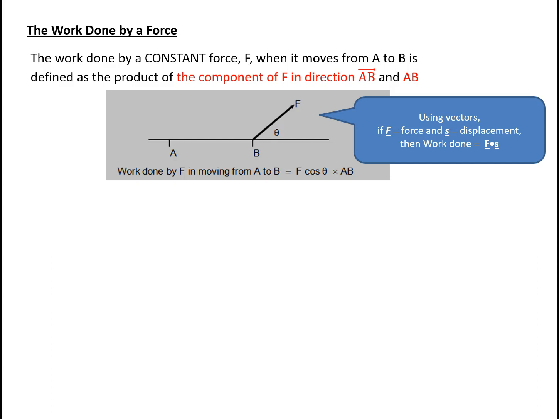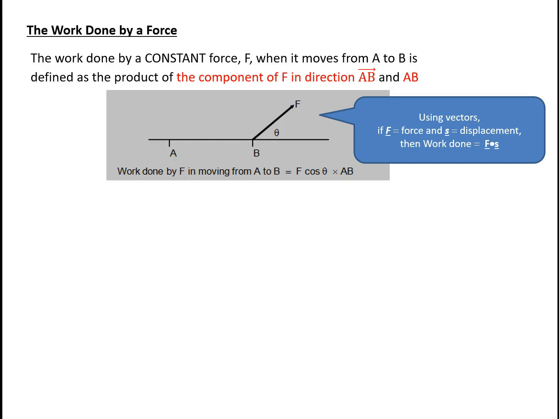Now we know that the work done by a constant force when it moves from A to B is the component of F in the direction AB multiplied by the distance AB. And if we're using vectors, then we can say that F cos theta times AB is the same thing as F times AB times cos theta, which is the same thing as the scalar product of F with AB.